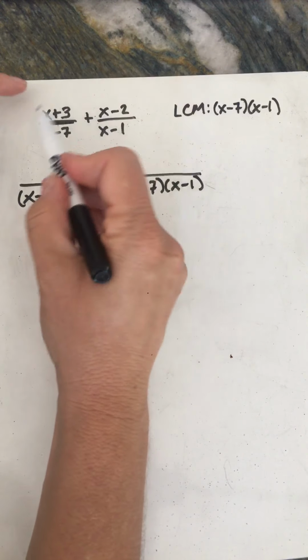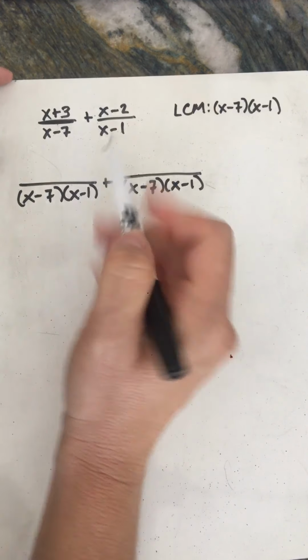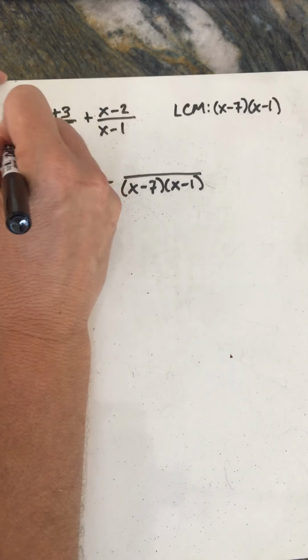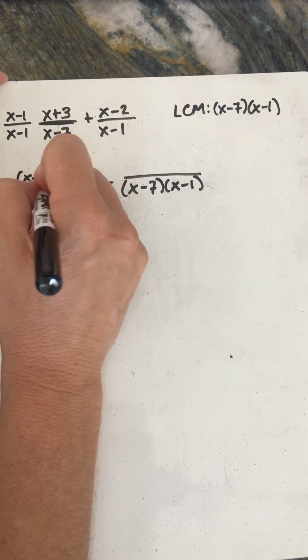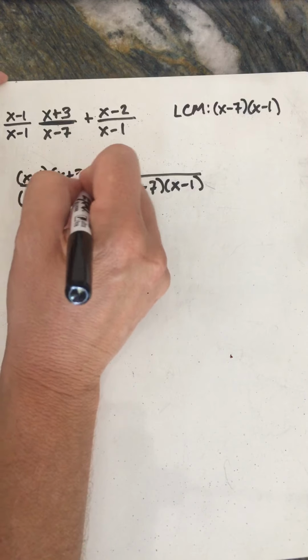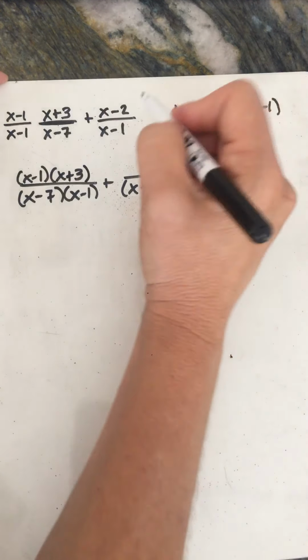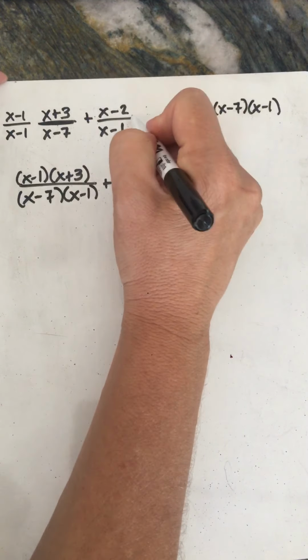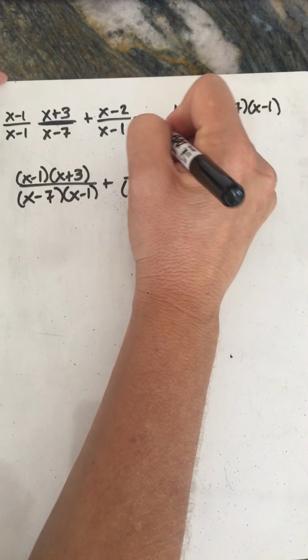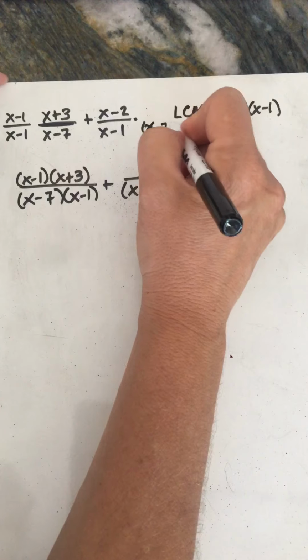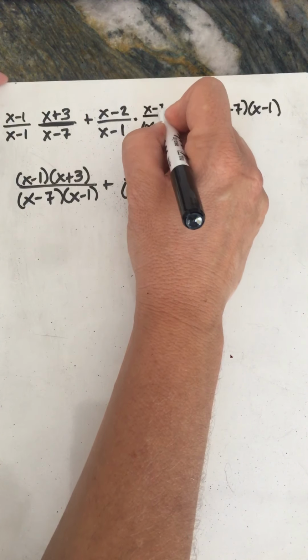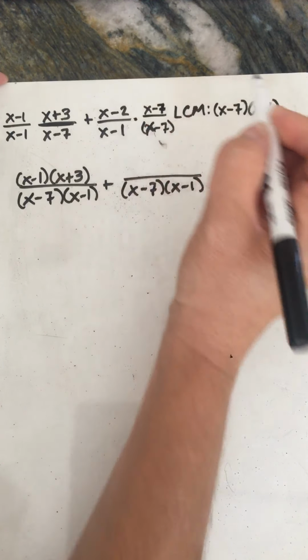So here we go, x minus 7 times x minus 1 plus, and then we'll have x minus 7 times x minus 1. Okay, let's look at the left. We need to multiply this fraction by x minus 1 over x minus 1. So our new numerator, x minus 1 times the quantity x plus 3. Take a look at the right. We're going to multiply the right side by x minus 7 over x minus 7. Boy, my handwriting just went downhill.